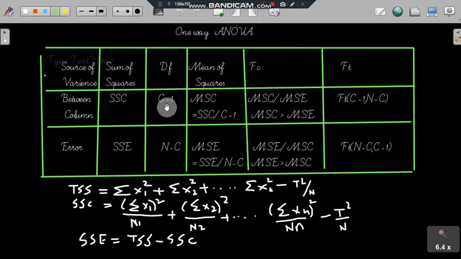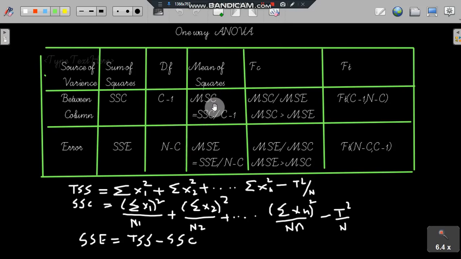That is C, so C minus 1. And here it is N minus C. What is N? Total number of observations. C is the number of columns in the given problem. We will discuss this when we do the problems. At the time of problem solving, I will explain what N and C are, everything.